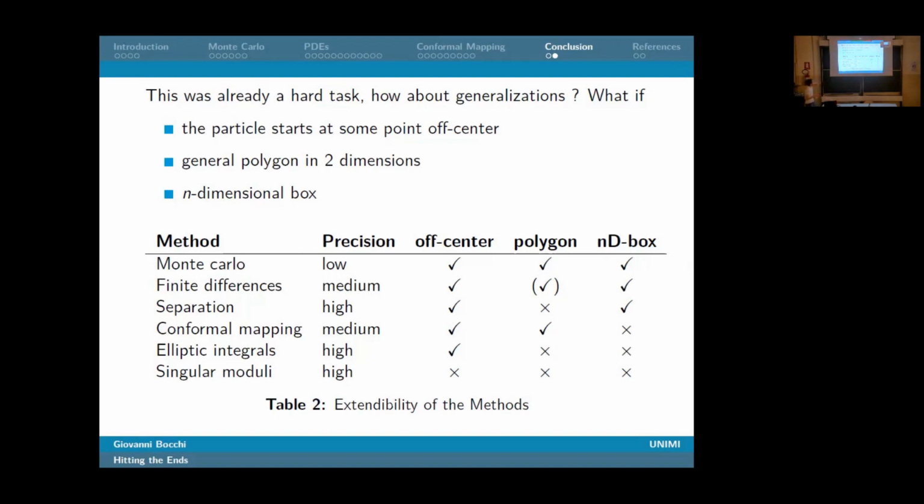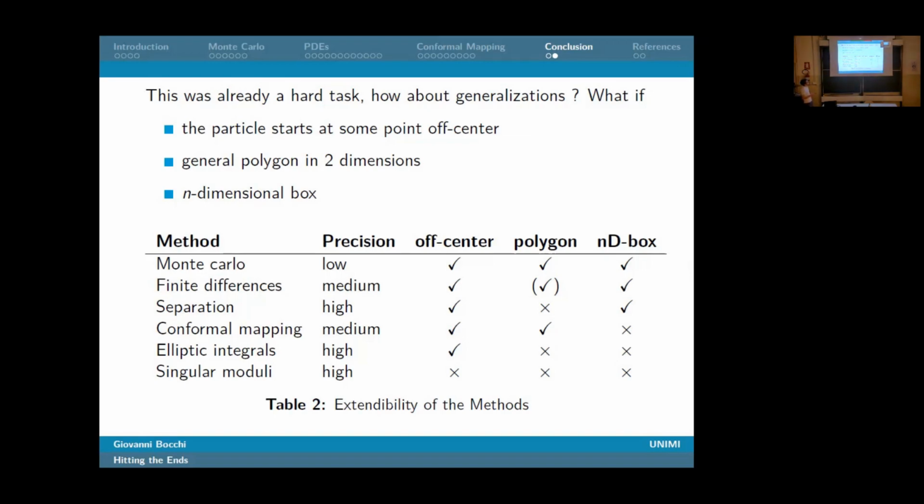So we saw the first 4 methods where we have this level of precision. Essentially, Monte Carlo is the simplest and works for every one of these scenarios, and is usually a very good approach, in particular in higher dimensions.